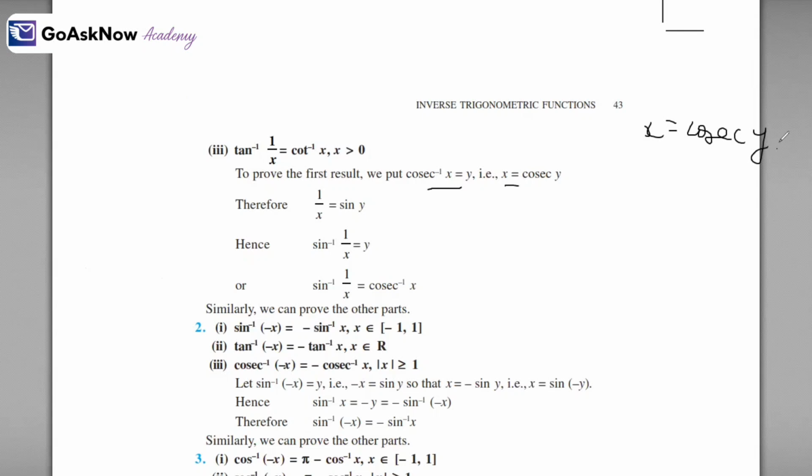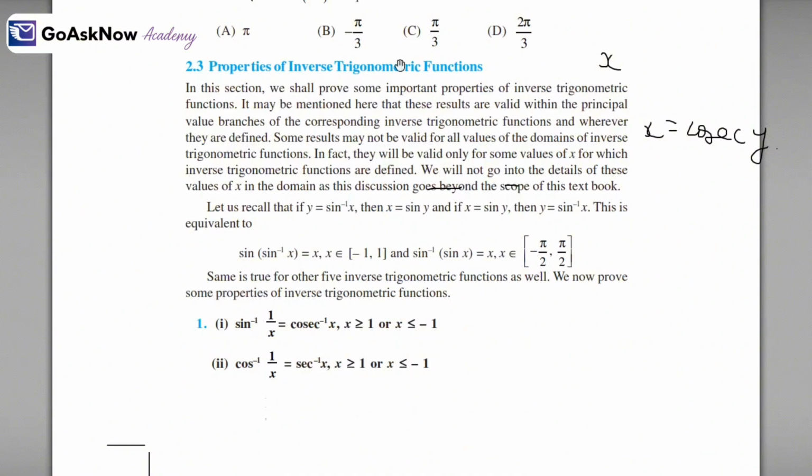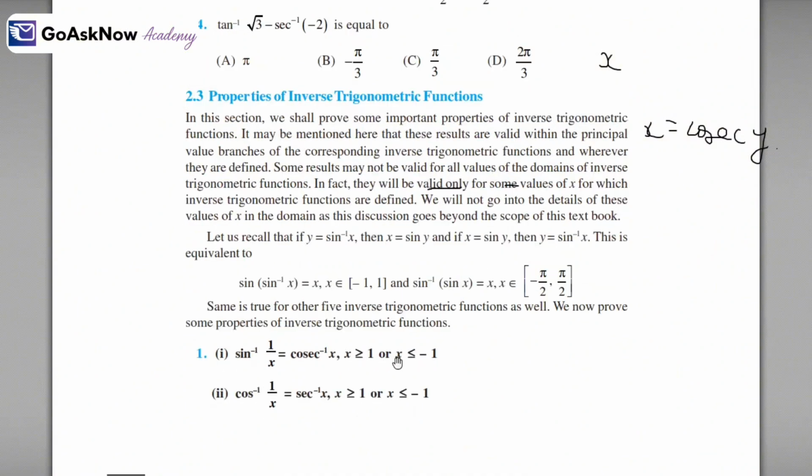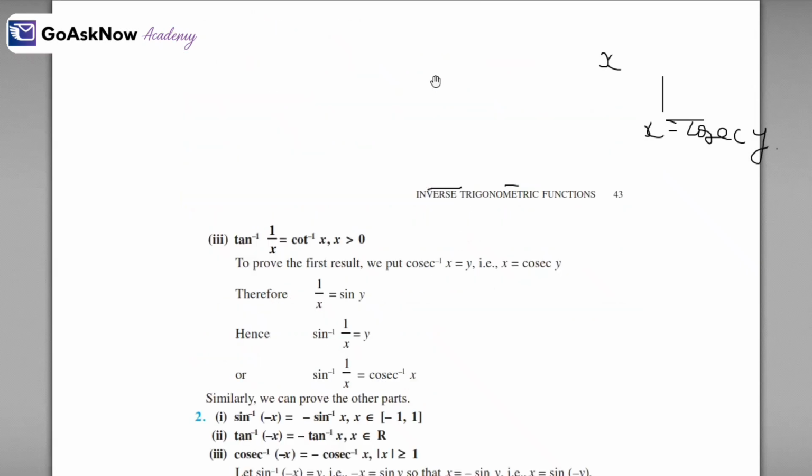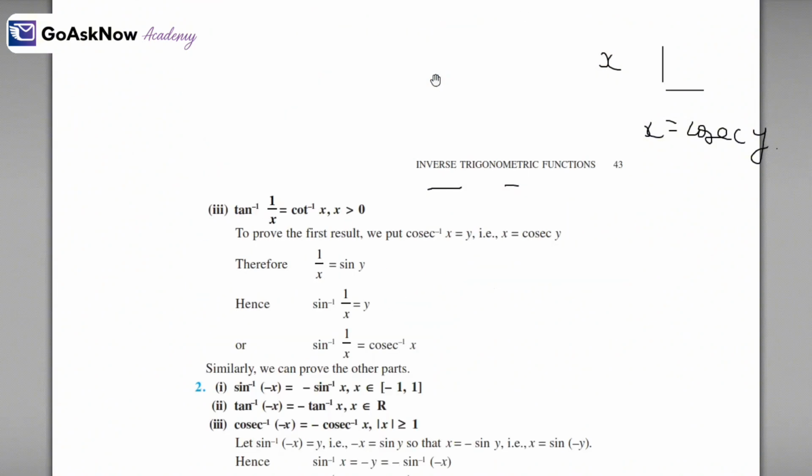If x is equal to cosec y, then what should be the boundaries on x? Like it is already mentioned, x should be greater than or equal to 1 or x is less than or equal to -1.